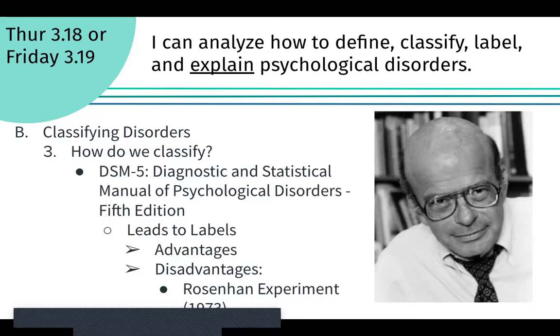So what the Rosenhan experiment is, and I actually have a video to show you. This is Dr. Rosenhan here on the right. He was interested in how people diagnose disorders, or what the dangers of a label are. He had followed other people who had researched this.